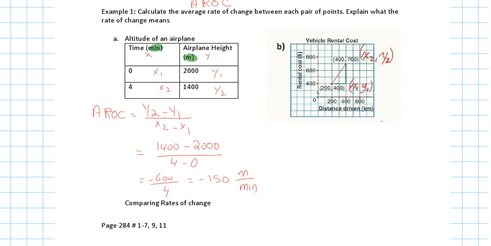Now, can you describe this rate of change for me? So the altitude of the airplane is negative 150, or not the altitude, the rate of change of the airplane is negative 150 meters per minute. That's right. It's decreasing, it's descending by 150 meters per minute. So the airplane is going down 150 meters every minute. That's what it means. Now, how do I know that it's going down? Because it's negative.